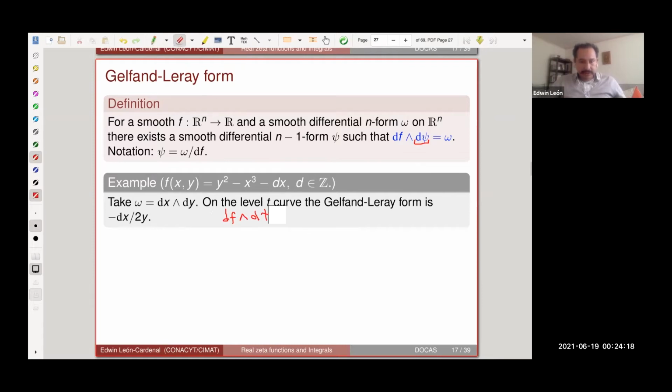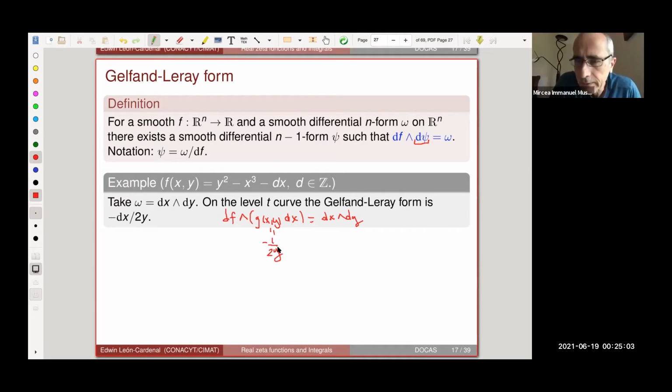In this case, in just one variable, it would be something like some function, let's say g, depending on x and y, and then dx, and then the result should be dx dy. Okay, so when you solve this equation, what you find is that g should be -1/2 y. Okay.